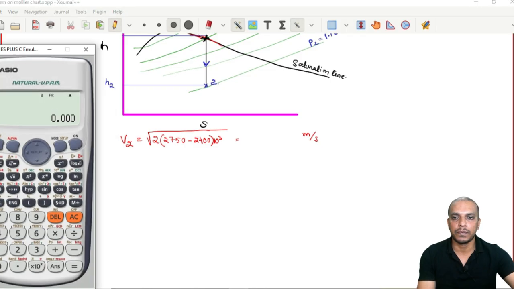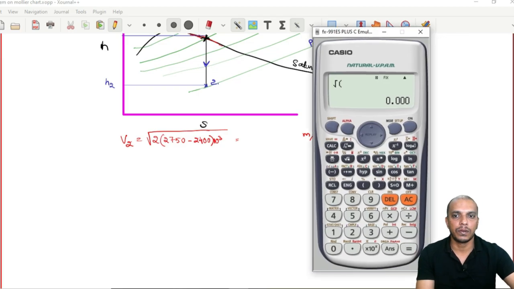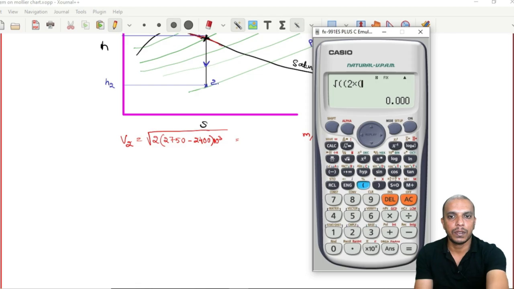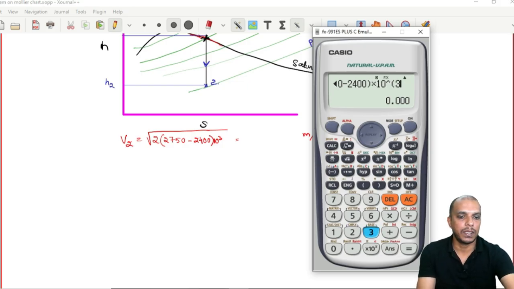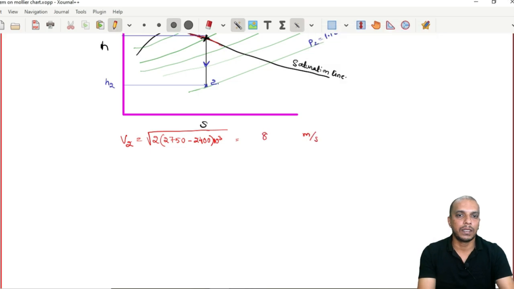So, square root of (2 into (2750 minus 2400) into 10 power 3) gives 836.66 meter per second.